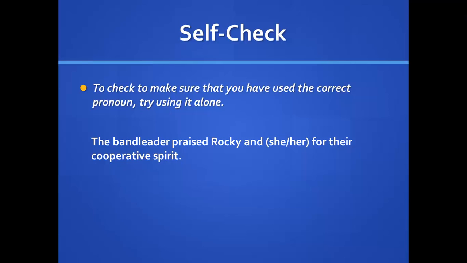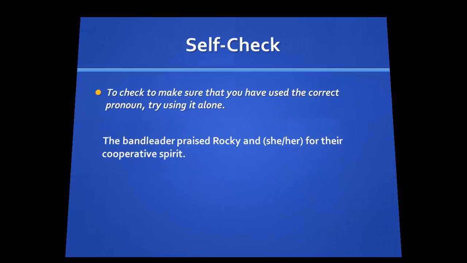And it should say the band leader praised Rocky and her for their cooperative spirit. So when in doubt, just cover up the compound. So cover up the and with the other person's name and see which one sounds the best. It's a good way to self-check yourself just to make sure that you've made the right choice.